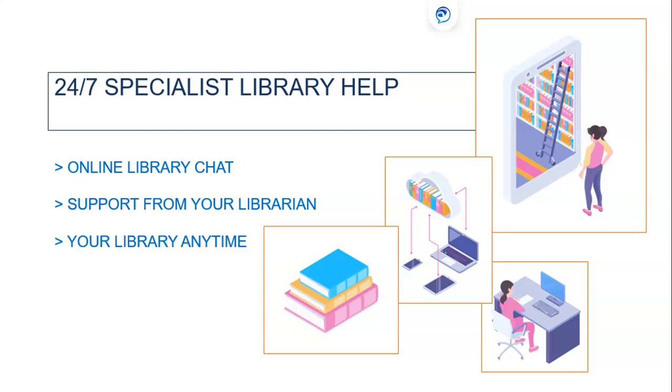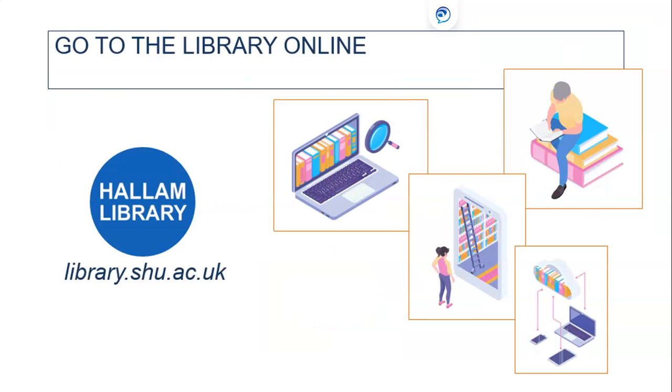You can find library chat on all of the library web pages, and there is also a frequently asked questions section which you could check out. To find this, you can go to the Library Online website, and the address is given here for you: library.shu.ac.uk.